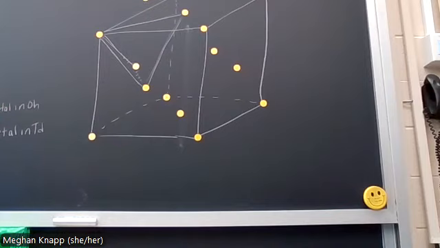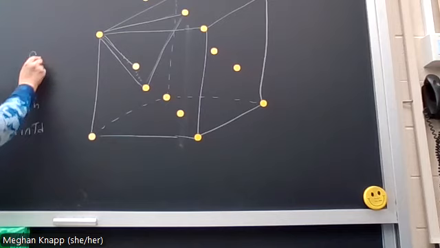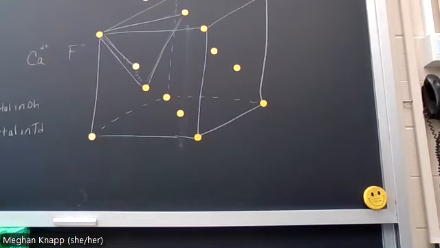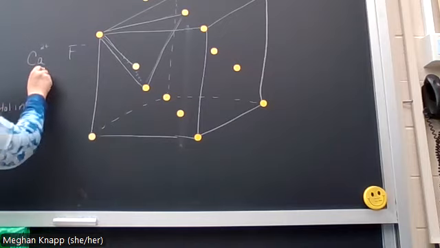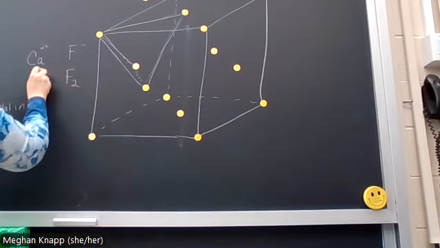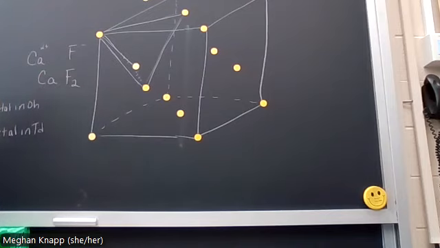So if I have Ca2+ and F minus, what does the ratio have to be? What does the formula have to be? CaF2. And the F's are the yellows, and I have 4 of those. So how many red dots do I need in here?